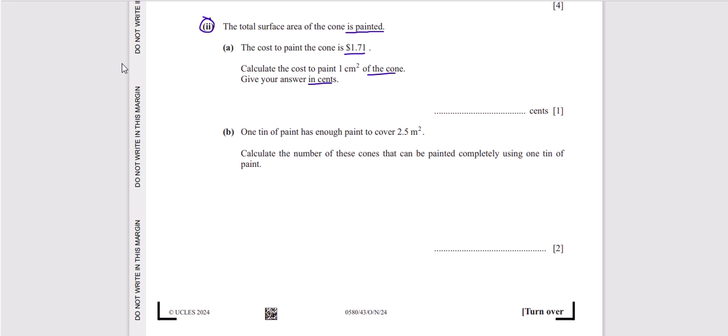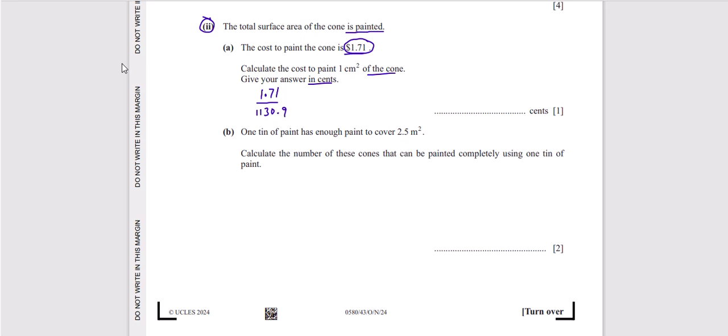Okay, so the total cost of the paint is 1.71 divided with total surface area. The total surface area, which we found above, is equal to 1130.9.